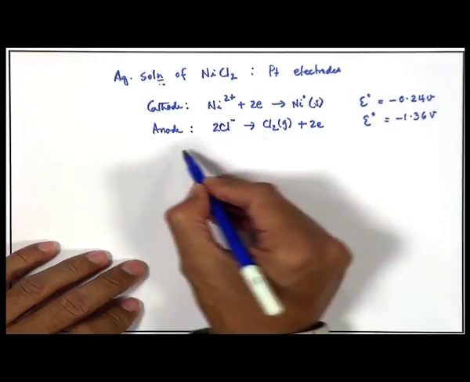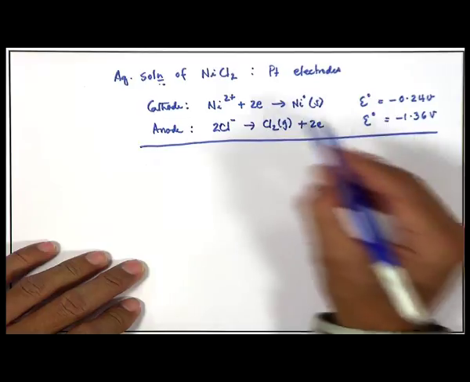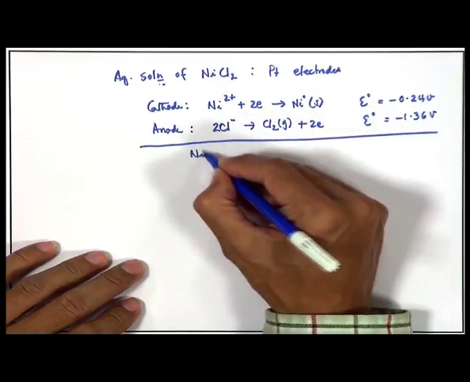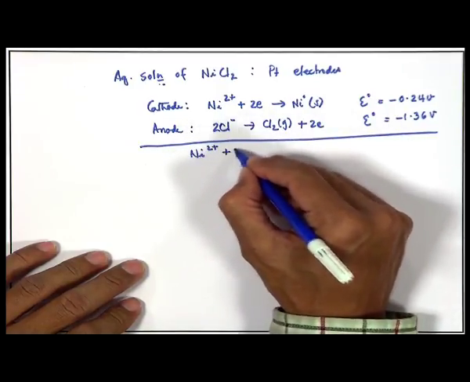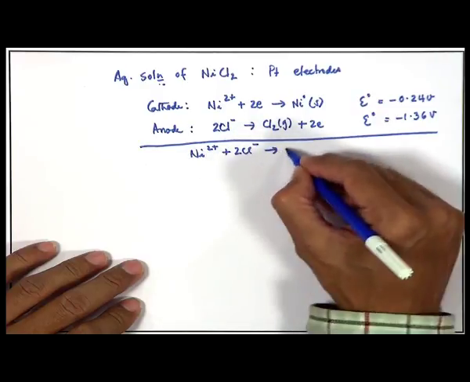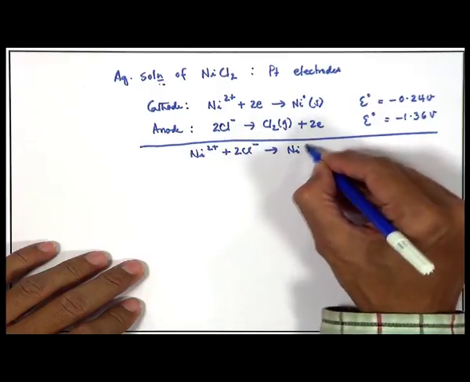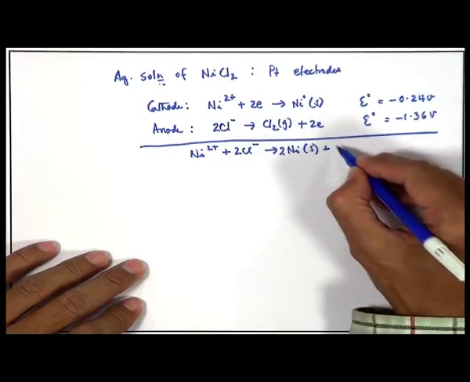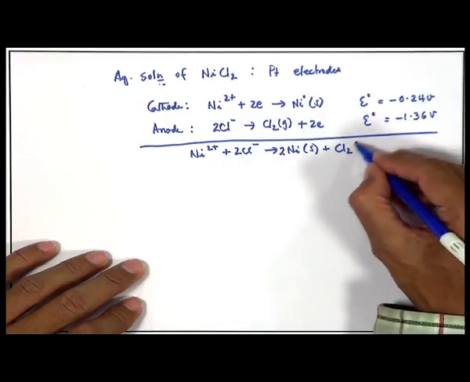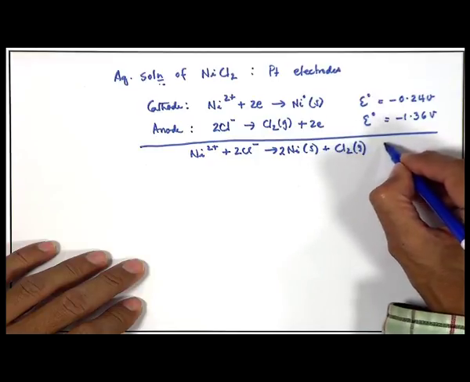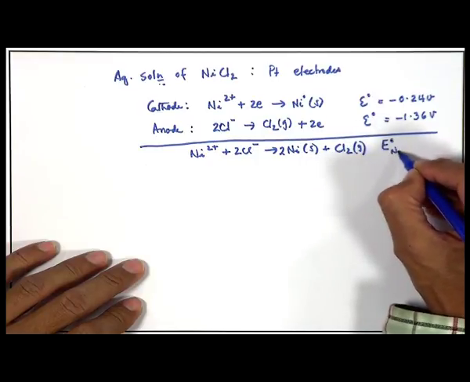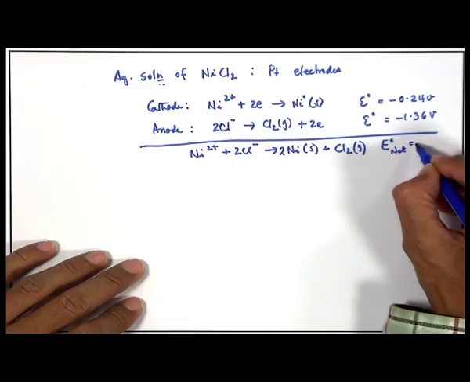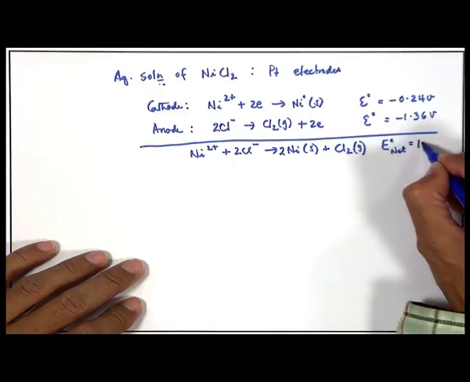So the net reaction is nickel 2 plus plus 2 Cl minus gives nickel solid plus Cl2 gas, and the net E0 is minus 1.6 volt.